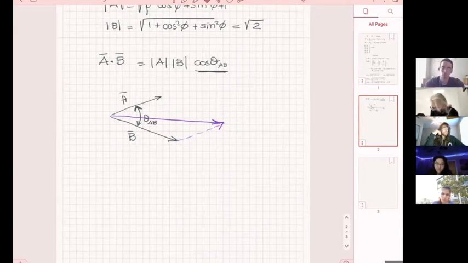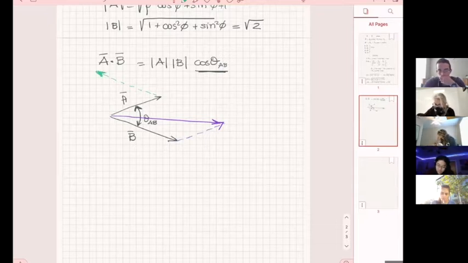So for B, I will go like this. I will translate B, make a translation, but I will change its direction. Okay, so practically A minus B will be this one.